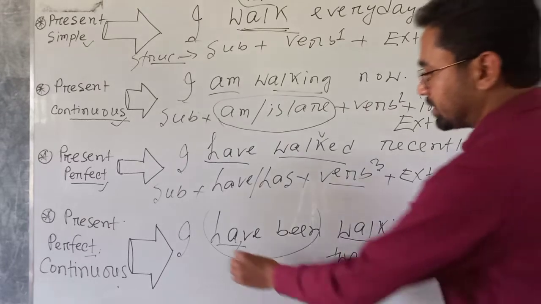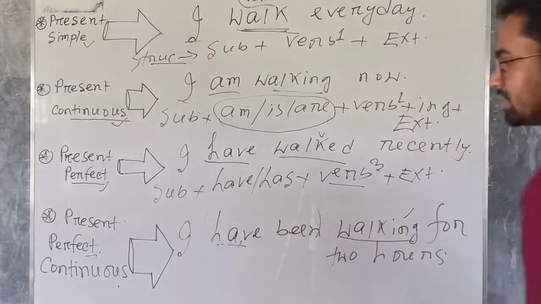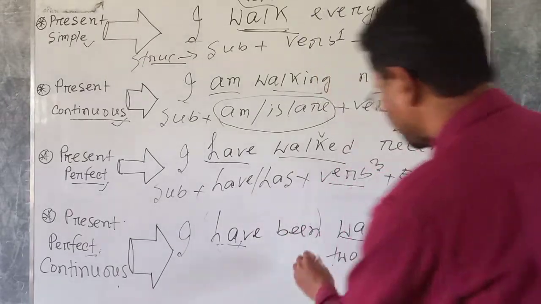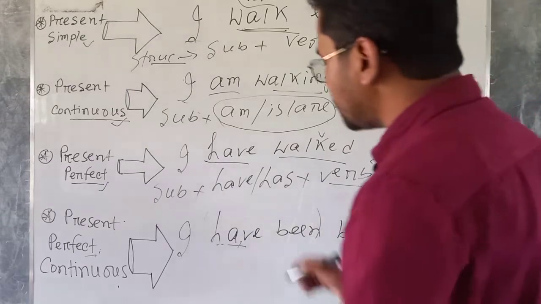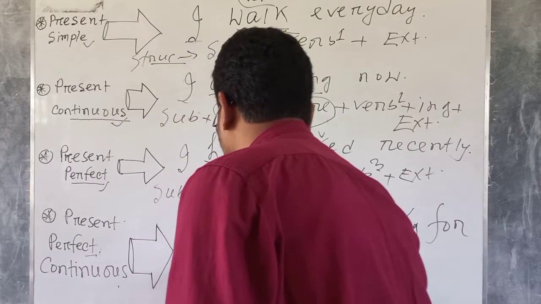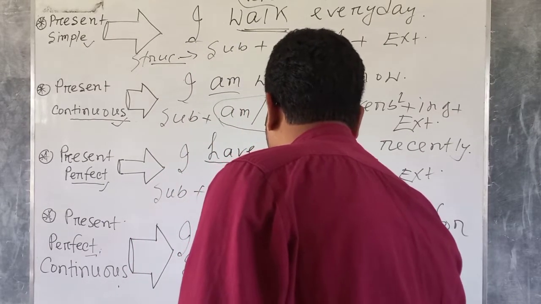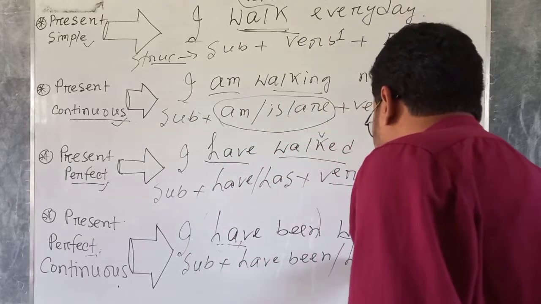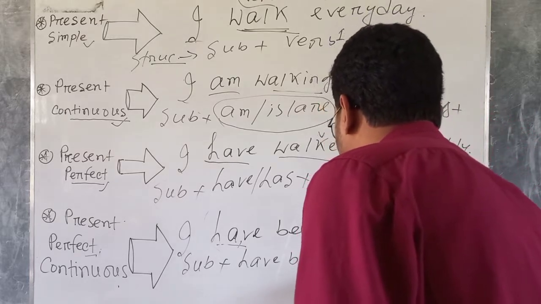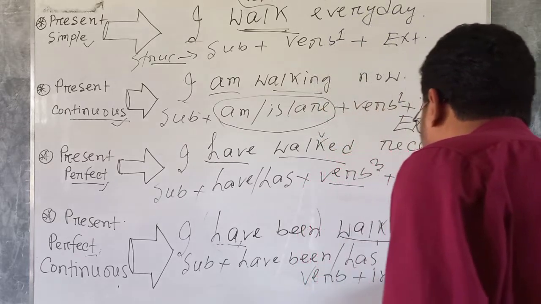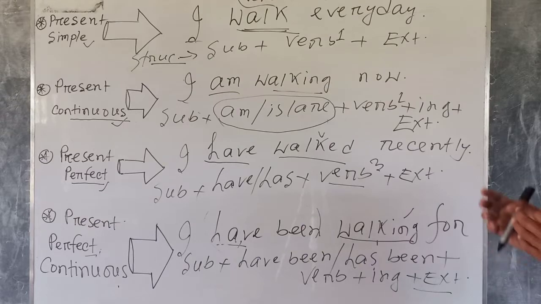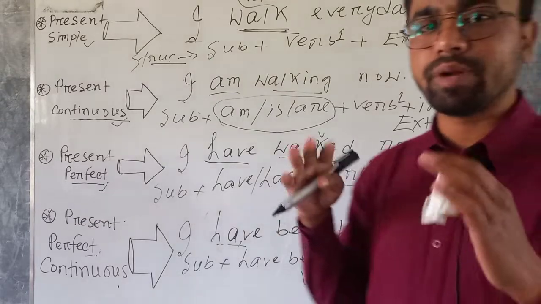Now, the final tense today, that is present perfect continuous tense. Okay? In this sentence, what I have written is subject again and have been or has been plus verb plus ing and extension. In the extension part, you need to use for or since as preposition.